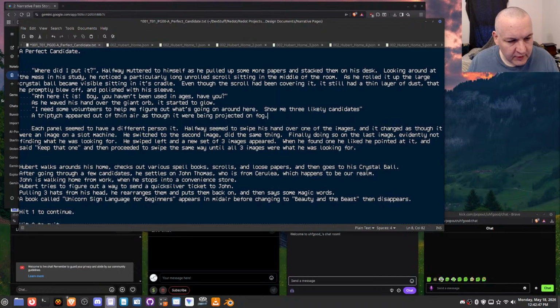A triptych appeared out of thin air as though it were being projected on. Should I say three different men or three different people? I mean, they're all male characters. I don't know, as far as writing goes, how I should say it.